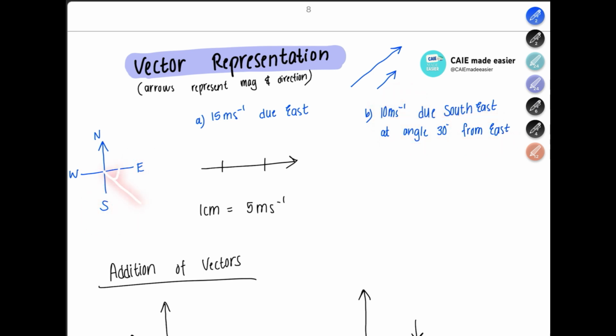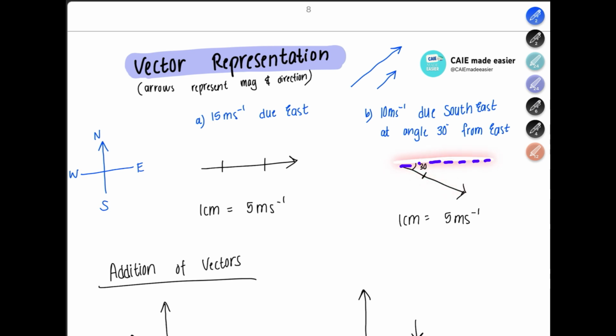So this angle is 30 degrees. When you're drawing it, it should be 10 meters per second, with 1 centimeter equals 5 meters per second, so 1 centimeter, 1 centimeter. Use a ruler and it will be clear.